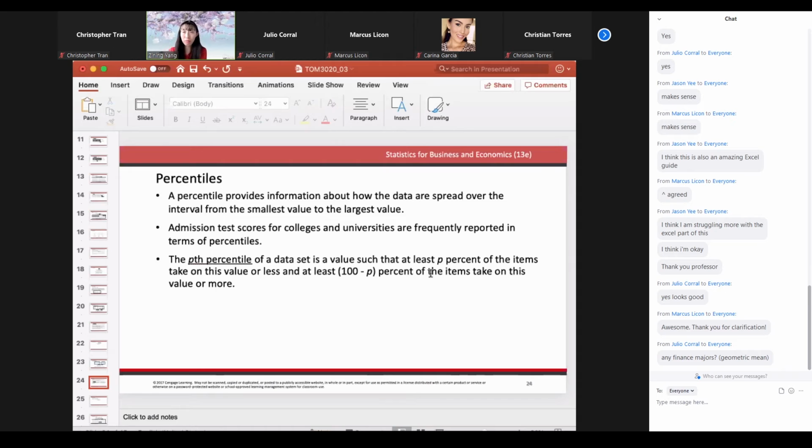The rest, the 90%, will be equal to your score or lower than your score. So that's what we mean by top 10%.